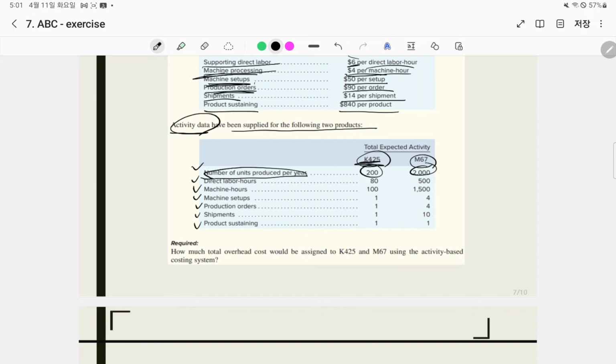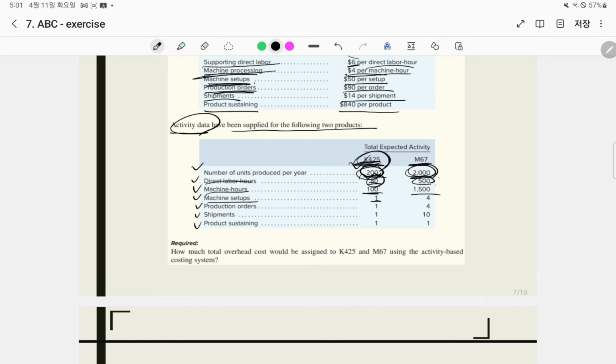For example, for product K425, the number of units produced per year is 200 units, and for M67, 2,000 units are produced. 80 direct labor hours are consumed to produce 200 units of K425, and 500 direct labor hours are consumed to produce 2,000 units of M67. 100 machine hours are consumed for K425, and 1,500 machine hours for M67.